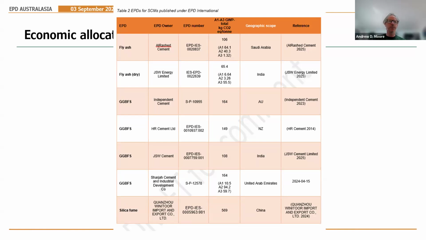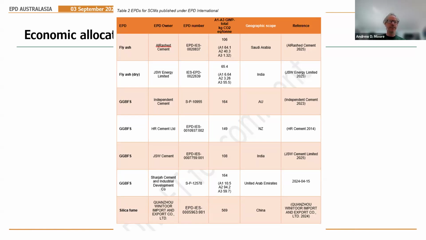So this table here shows the EPDs that have been currently published, what their EPD numbers are, an idea of the total global warming potential per tonne, and the geographic scope of those EPDs. So we can get an idea of what the figures are looking like for these supplementary cementitious materials.